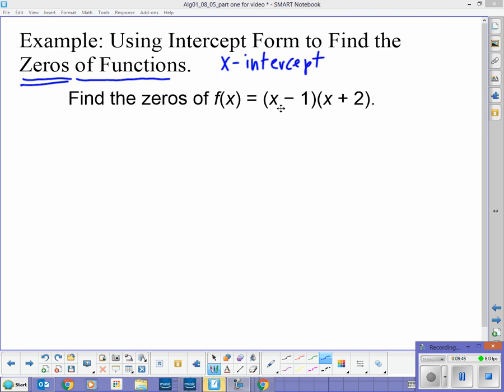So in this case, x minus 1 is 0, then x equals 0. And over here, x equals negative 2. So I don't want to spend too much time on that one. That's pretty straightforward. But the purpose of this is to have you use the word zeros of the function and know that means x-intercept.